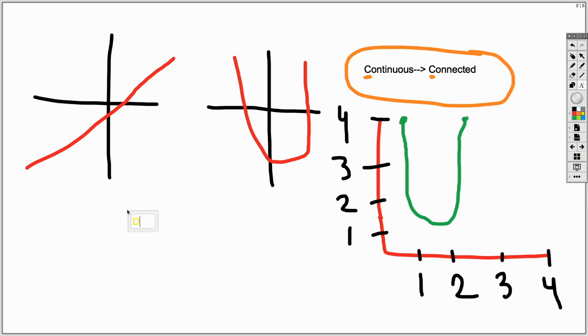So if we remember, domain, this yellow, is our X, and range is our Y. We have that registered in our brain. Domain is X, range is Y. Remember doctor, X goes first, just like D goes first in doctor.